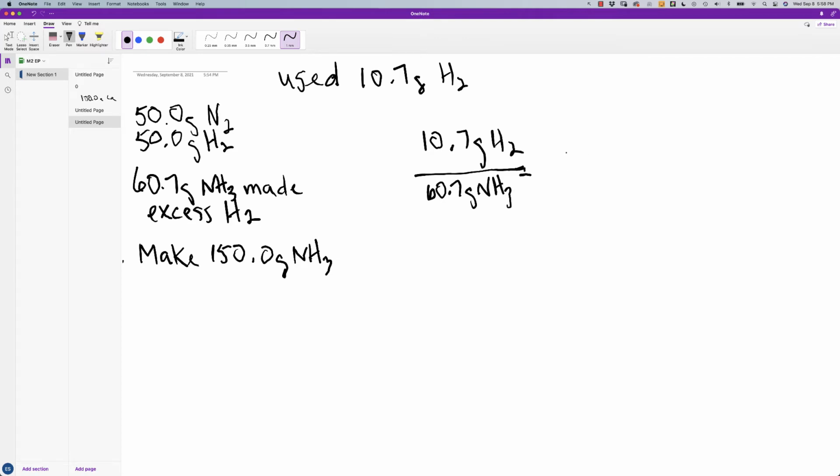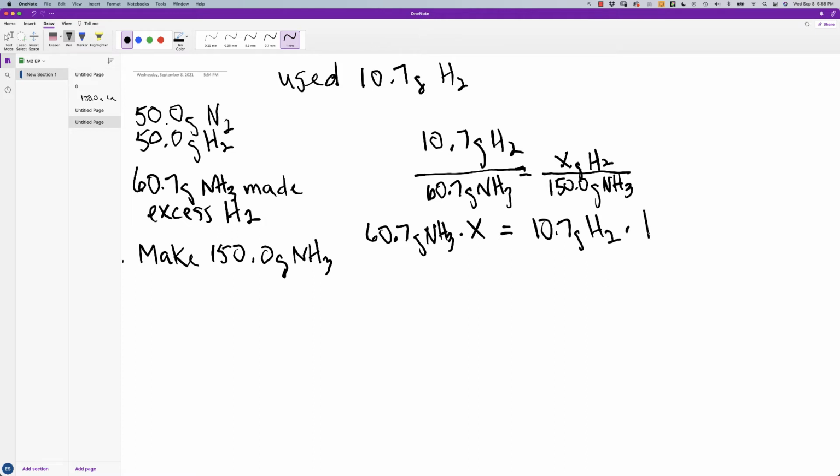That means that how many grams of hydrogen are needed to make 150.0 grams of ammonia? Again, cross multiply, find our answer. We get 60.7 grams of ammonia times X is equal to 10.7 grams hydrogen times 150.0 grams of ammonia.